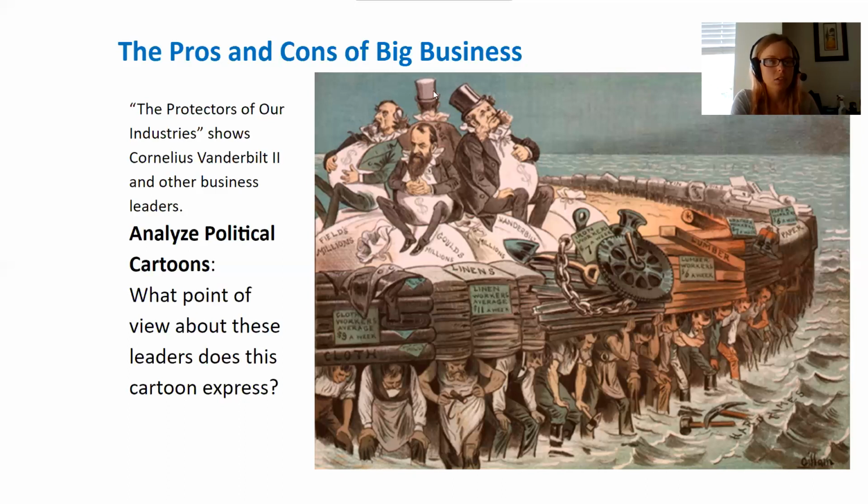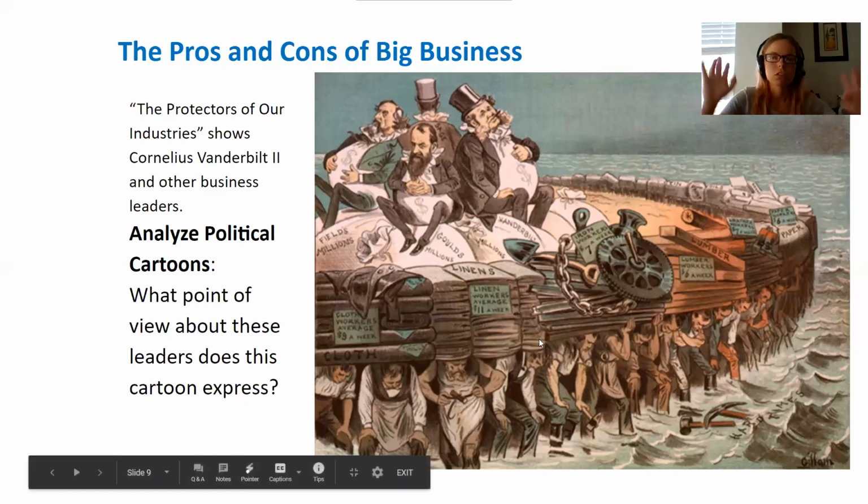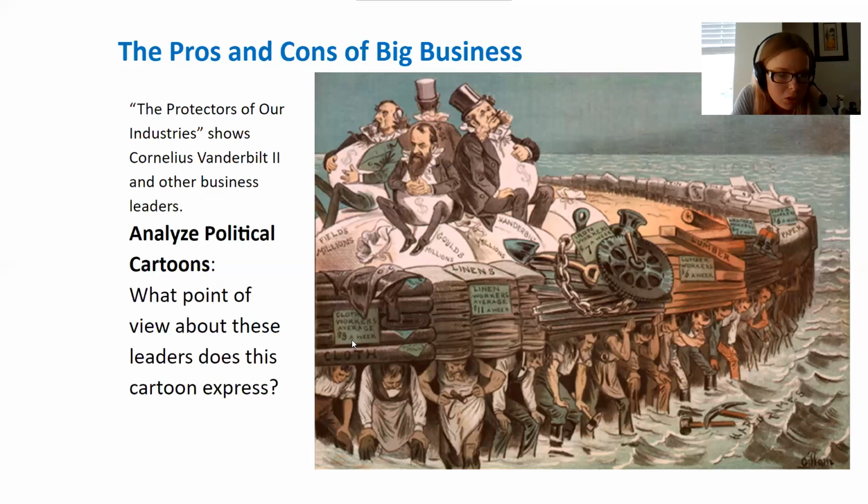So these guys are very significant robber barons, and they have millions of dollars, and they're sitting on cloth, linens, ironworks, lumber, paper, leather goods, which are being propped up by all these workers. These workers are literally holding them up, and you could see that these workers are not getting paid very much at all. $9 a week for these clothing workers, $11 a week for the linen workers, and so on.